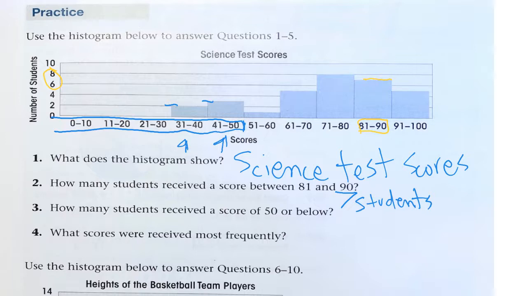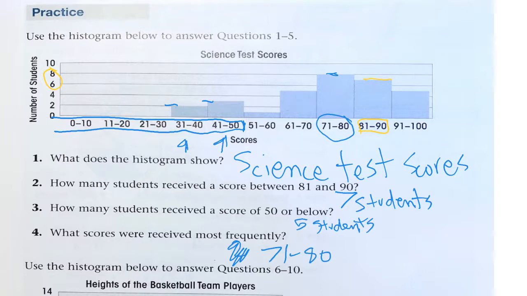So we have 2 and 3 is 5 students. Number 4, what scores were received most frequently? Which bar is the tallest? We've got one up here with 8. So the scores received most frequently are between 71 and 80.